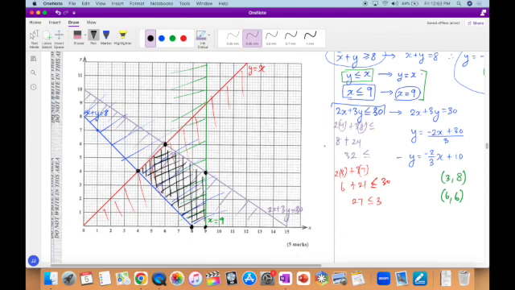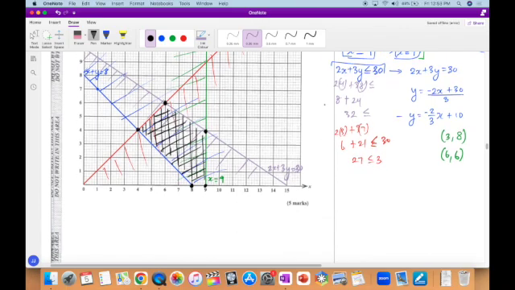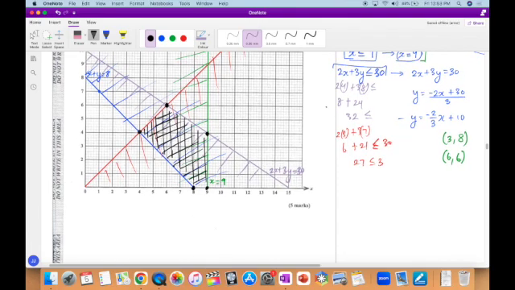So this region will be true for all inequalities, right?